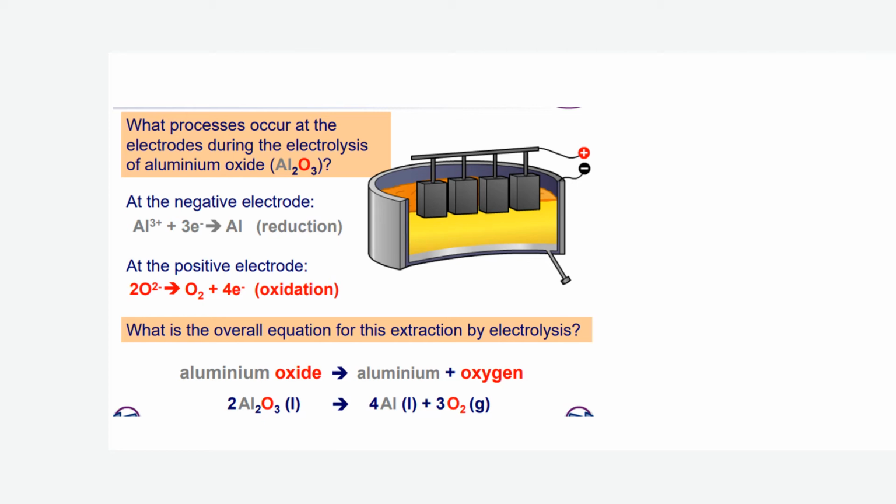At the positive electrode, 2O2- to O2 plus 4e-, that is oxidation. What is the overall equation for this extraction by electrolysis? Aluminium oxide to aluminium plus oxygen, 2Al2O3 liquid to 4Al liquid plus 3O2 gas.